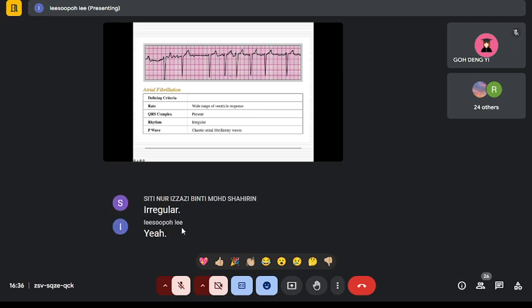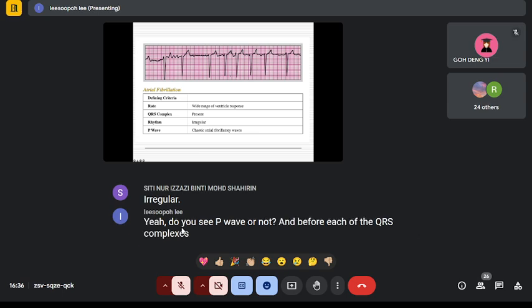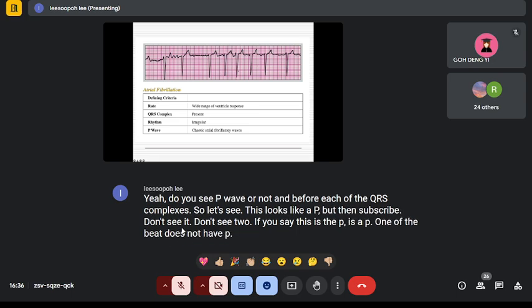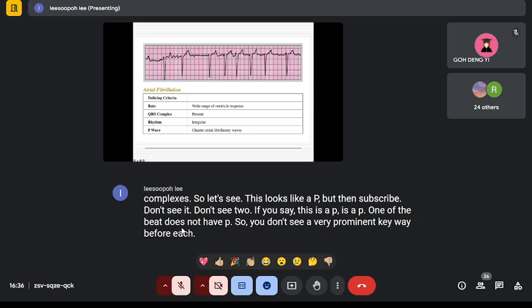Irregular. Yeah. Do you see P wave or not before each of the QRS complexes? So let's see. This looks like a P, but then subsequently you don't see. If you say this is a P, this is a P, one of the beats does not have P, so you don't see a very prominent P wave before each of the QRS complexes.